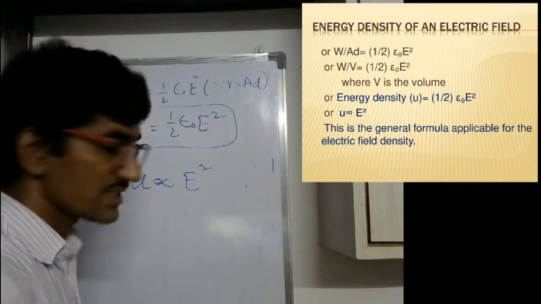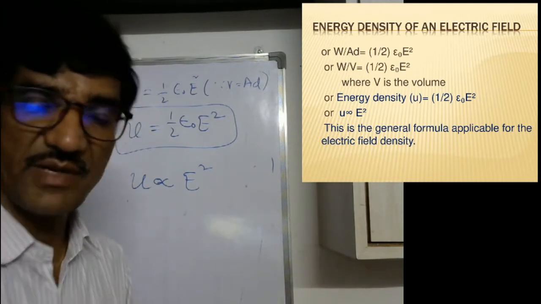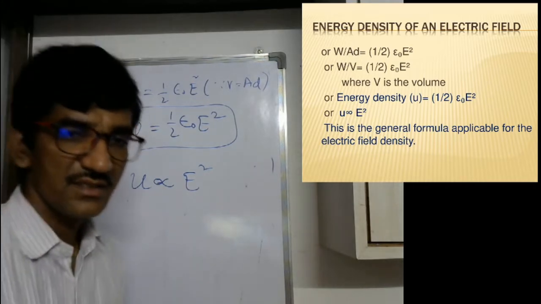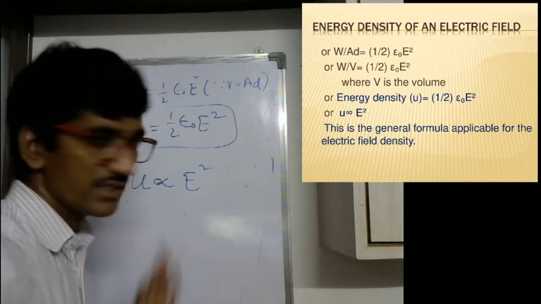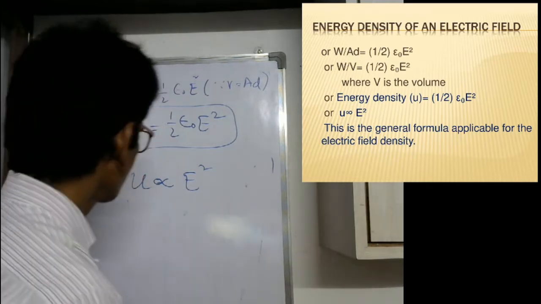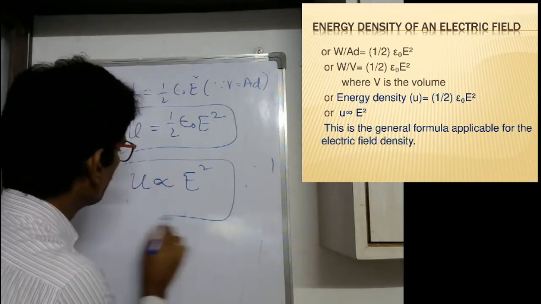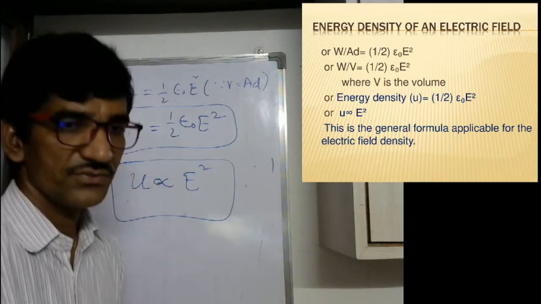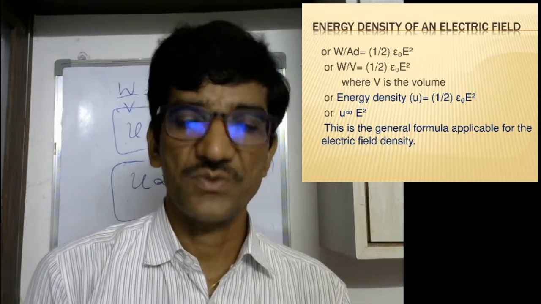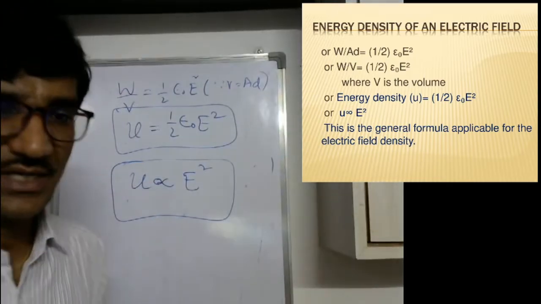This energy may be electric energy, that energy may be mechanical energy. That energy may be light energy. We always have similar expressions that we have to note. So, U, energy density of an electric field, is directly proportional to E square. This is a very important relation.